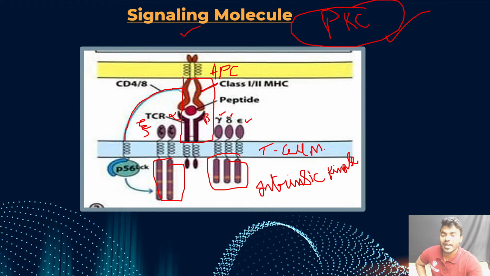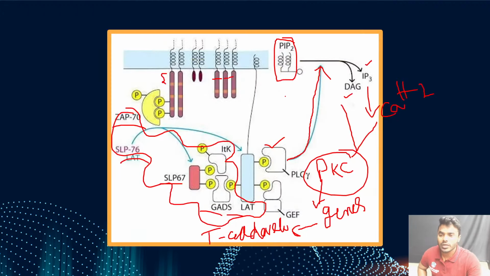Now when the TCR alpha and beta associate with the MHC, there is an activation of several co-receptors, and the co-receptors have intrinsic kinase activity, and they all get activated, which are a series of kinases.